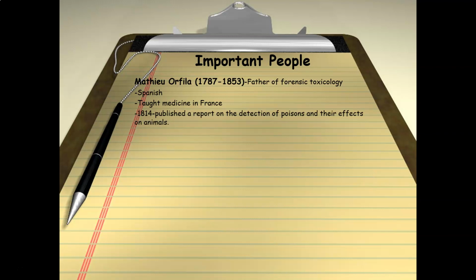He did it at a time when people had a lot of arranged marriages and they didn't particularly care for their spouses. So they would slip them a little something in their food. And then, lo and behold, the spouse died. And he was very good at figuring out, well, how did that spouse die? And he started this whole thing of toxicology.